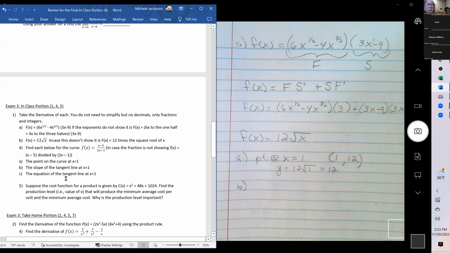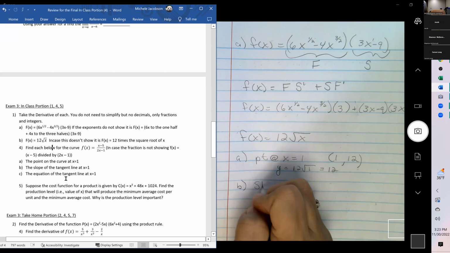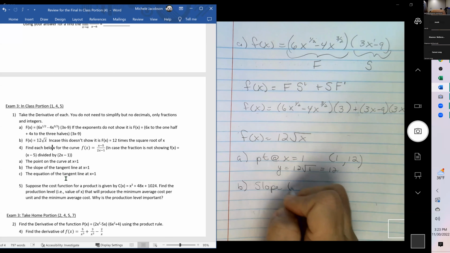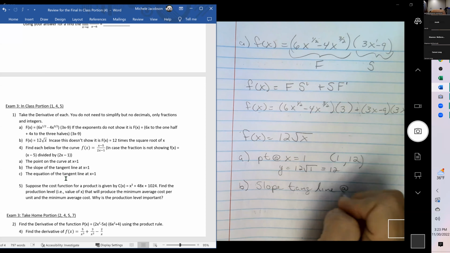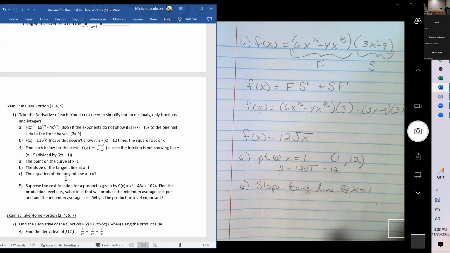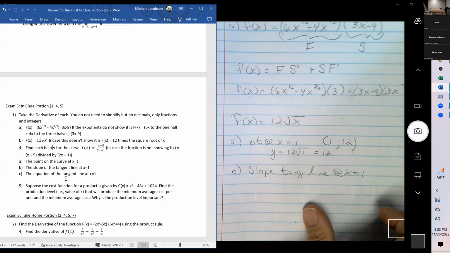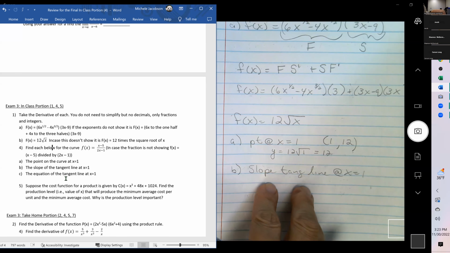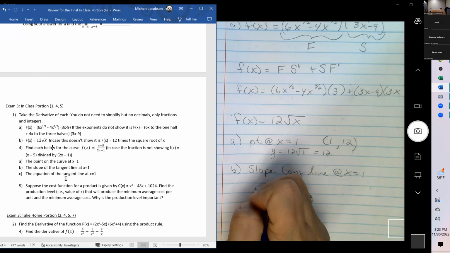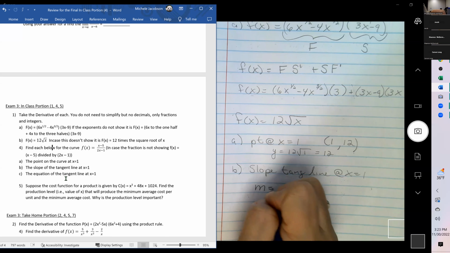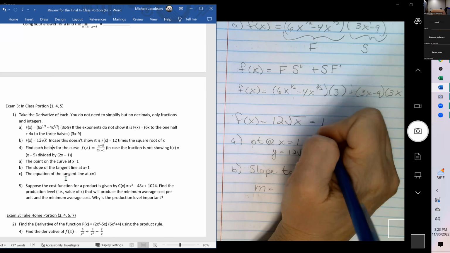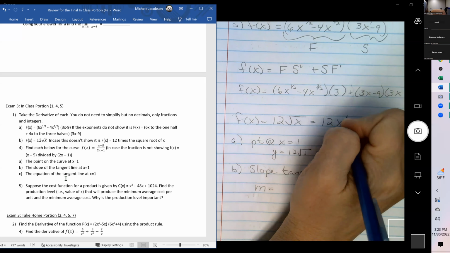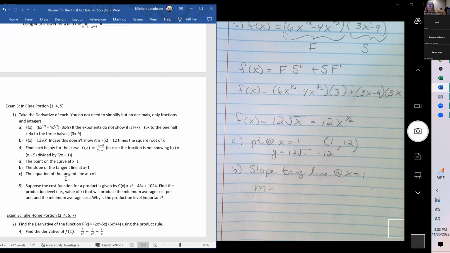The slope of the tangent line at x equals 1. Well, slope of the tangent line is the derivative. So that means we need to take the derivative. When you have a radical, you have to rewrite it as its fractional exponent in order to take the derivative.